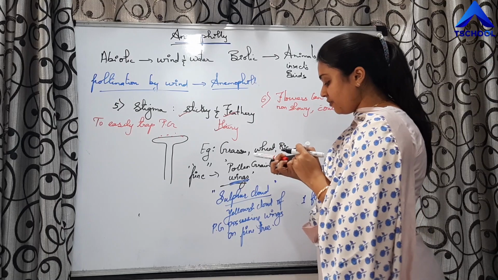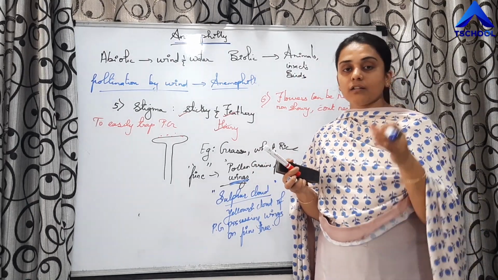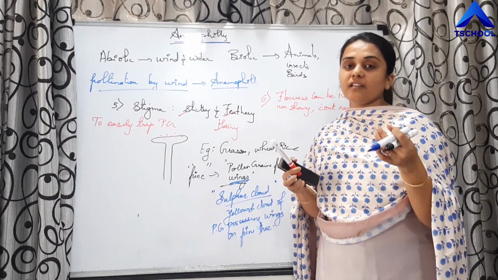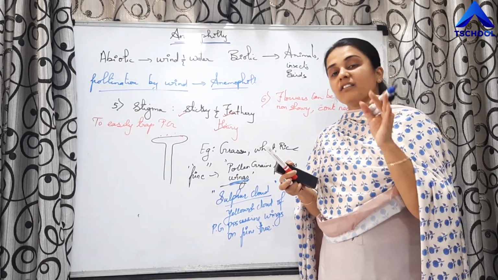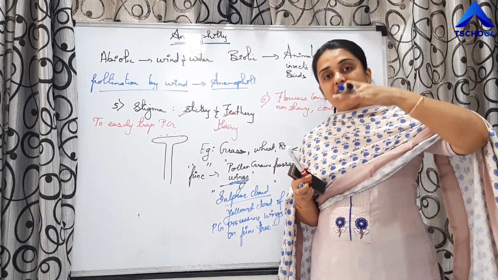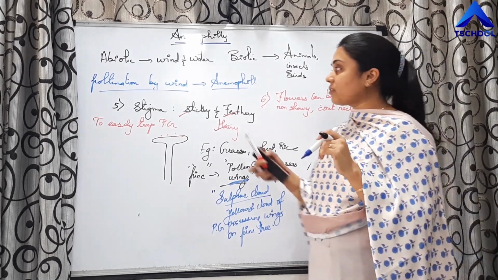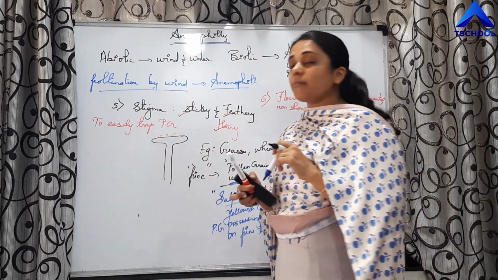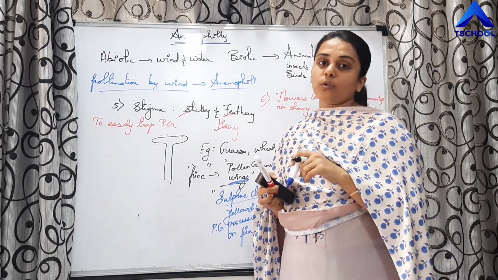So what are the features required? The anther should be well exposed. The pollen grains released should be non-wettable, light-weighted and non-sticky. The anthers are versatile or dangling anthers. The stigma should be sticky, feathery and hairy to trap the pollen grains.